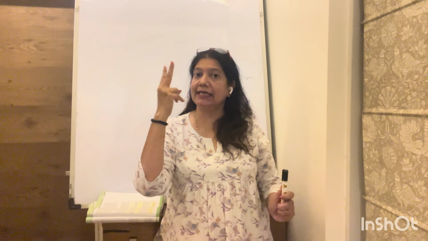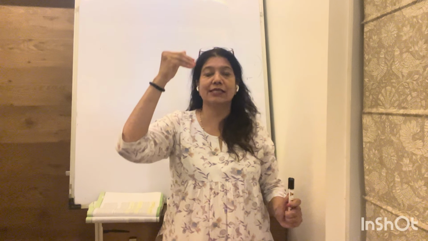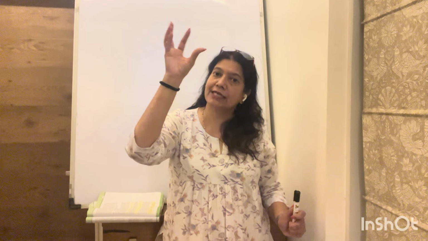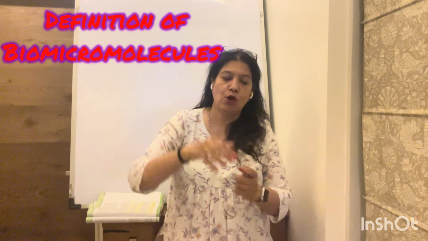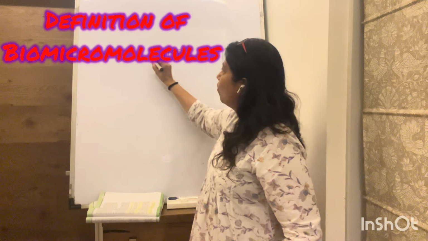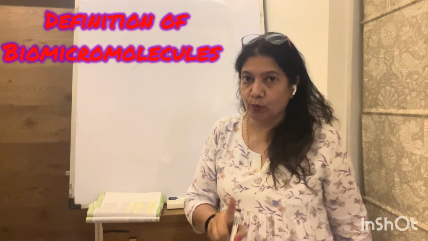Now remember one thing. These can also be divided by a second method of division. They can also be divided into biomicromolecules and biomacromolecules. What is the meaning of micro? Small. So molecules that are smaller in size, less than 1000 Daltons, are referred to as biomicromolecules.